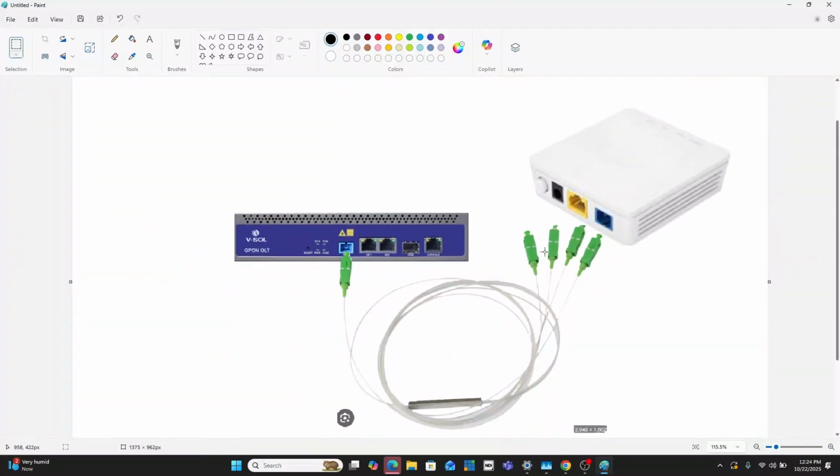Now, which type of optical networking is this? Christian, which type of optical networking is this? Christian, are you with us? Miracle.